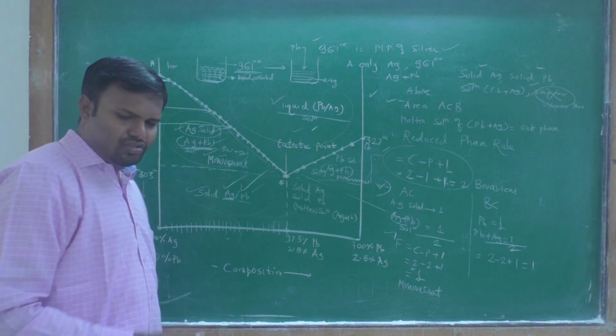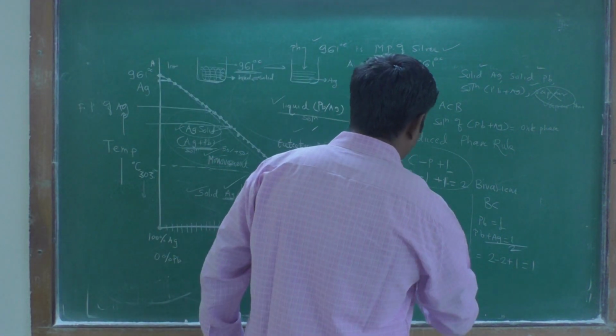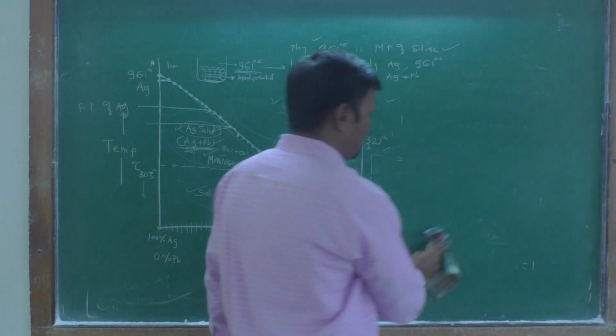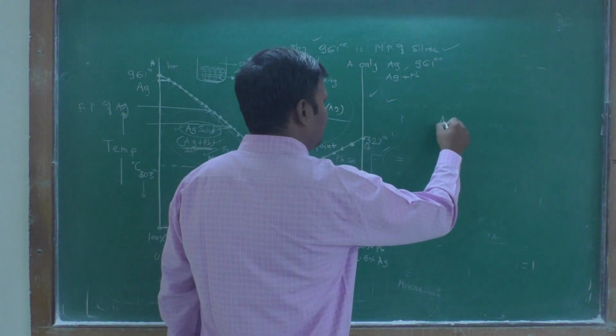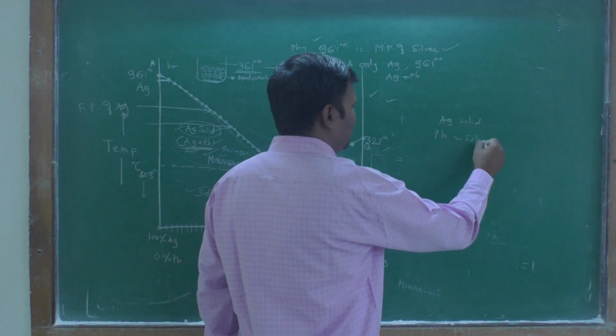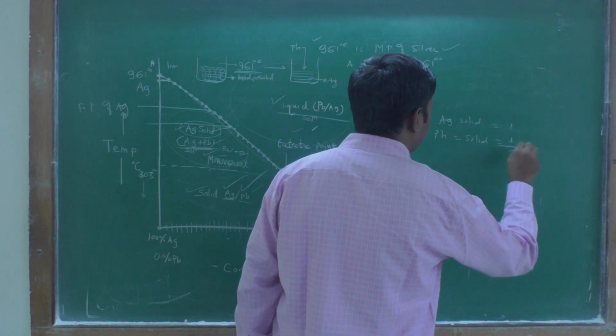The area below 303 degrees Celsius we can describe like this: Ag is a solid and Pb is also solid. Therefore, there are two phases present.